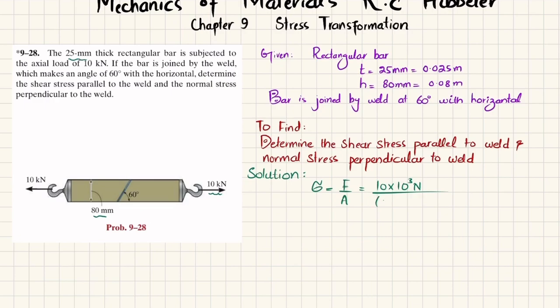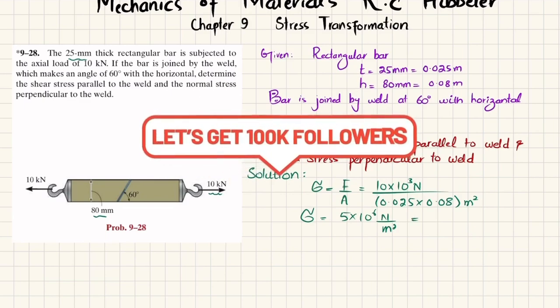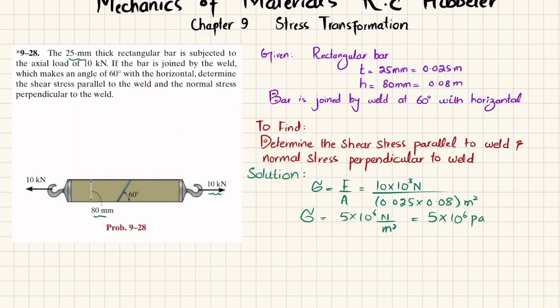So the thickness is 0.025 meter, multiplied by the height, which is 0.08, and the unit will be square meter. When you solve this, you will get 5 into 10 raised to power 6 newton per meter square, which is 5 into 10 raised to power 6 pascal, and when you convert it into megapascal, it will be 5 megapascal.